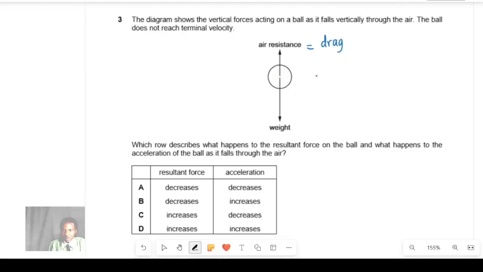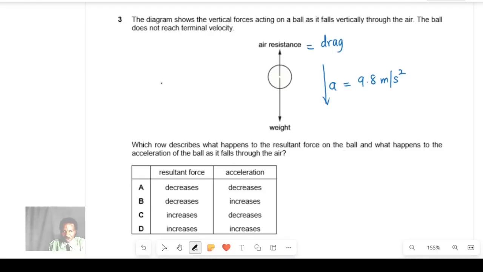And then you have the weight. And then the acceleration due to gravity, a, is directed towards the earth and is always constant, which is 9.8 meters per second squared.